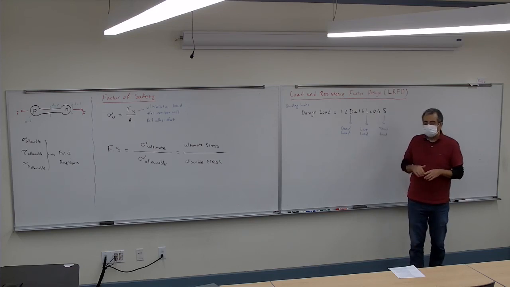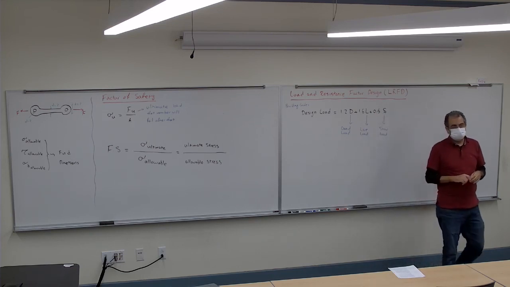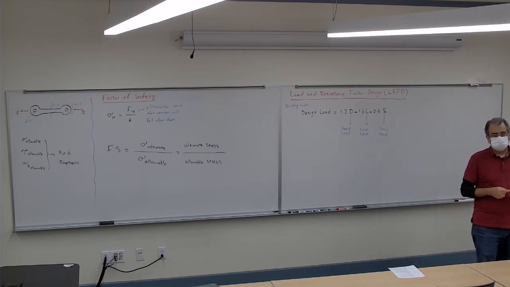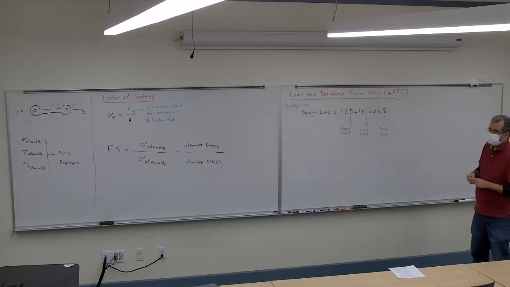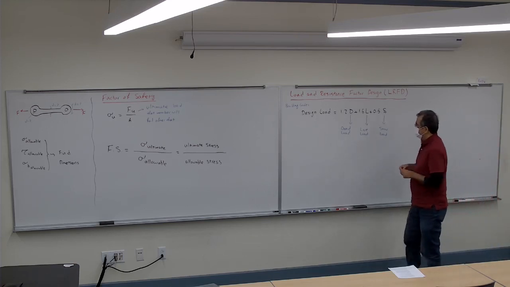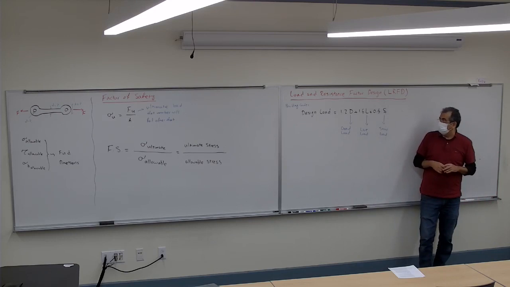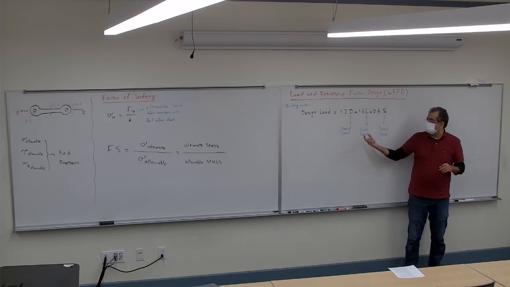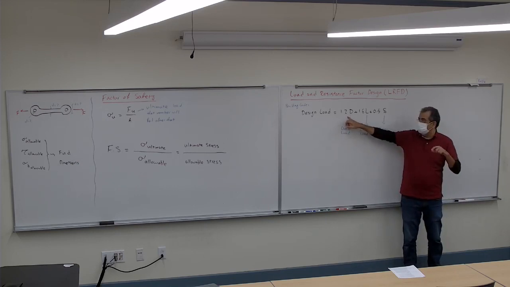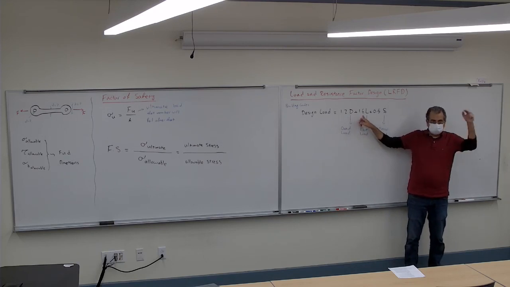Why do we drop the snow to half? That just seems like a money saving thing, because that is a little absurd in my opinion. But the reason is that it is very unlikely that your dead load increases 20% and your live load increases 60%, and on top of that you have the very heavy snow.